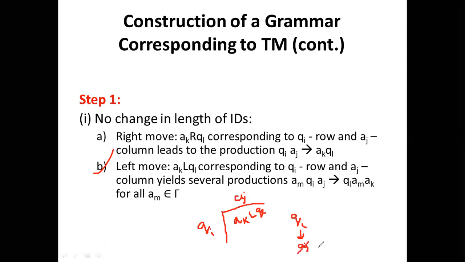After that, A_j is replaced by A_k, the read-write head moves to the left side, and the state is now Q_l.